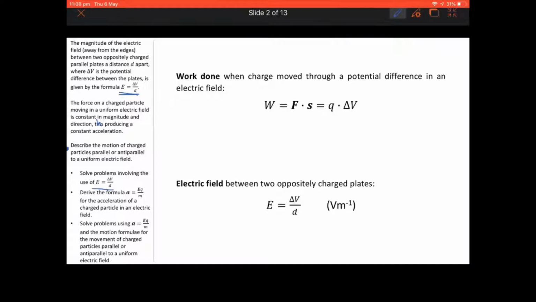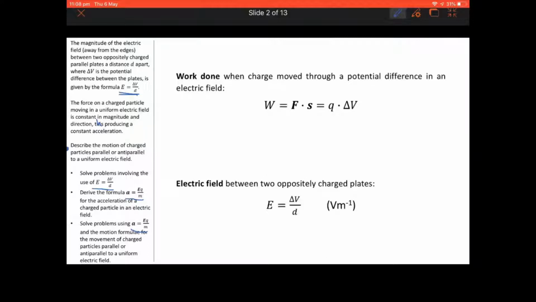You'll also need to be able to derive this formula for the acceleration of a charged particle in an electric field, and solve problems using said equation as well as the motion formulae. So think about our kinematic equations, and this is for the movement of charged particles parallel or anti-parallel to a uniform electric field. That seems like a lot, but it's hopefully not too bad. It's just a lot of writing to describe what you need to be able to do.